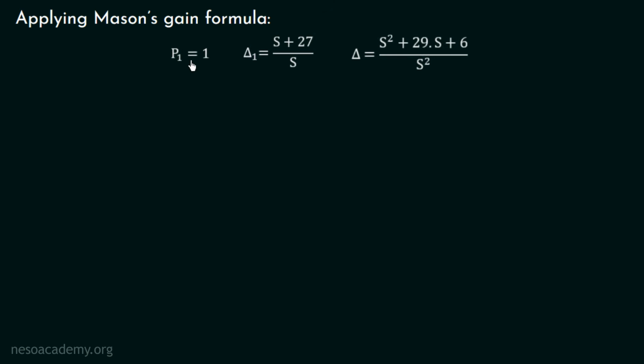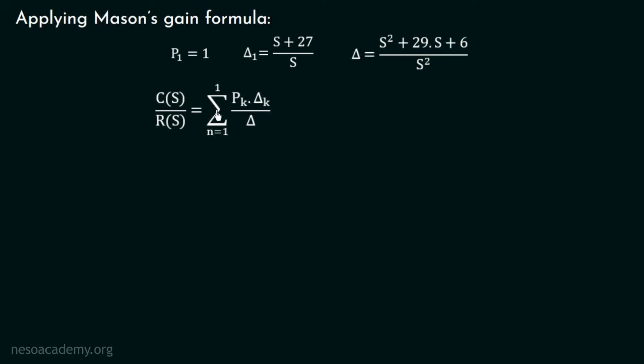We have P1 equal to 1, delta 1, which is the associated path factor with respect to this path, equal to s plus 27 over s, and the determinant of SFG, delta, equal to s squared plus 29s plus 6 over s squared. Applying Mason's gain formula, we have C(s) over R(s) equal to summation from k equal to 1 to 1 of Pk multiplied with delta k over delta. The number of forward paths in this signal flow graph is equal to 1, and that is why the value of n is equal to 1.